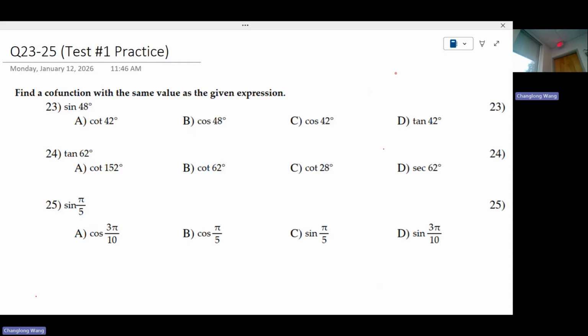So let me put it down here. Now, if you want, do the subtraction. What is the complementary angle of pi over 5? You're going to take not 90, but pi over 2 radians minus pi over 5. You're not really subtracting the pi, so just put the pi on the side.